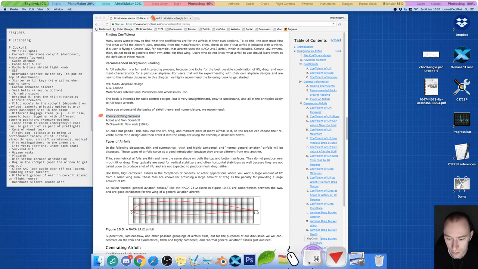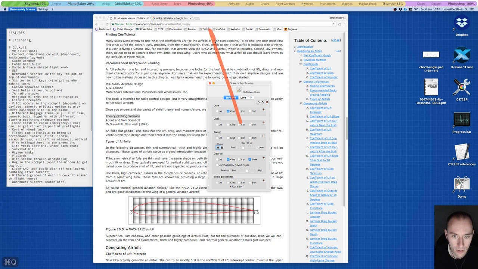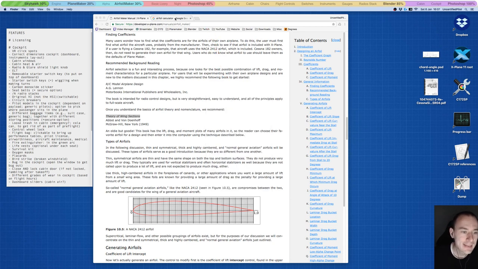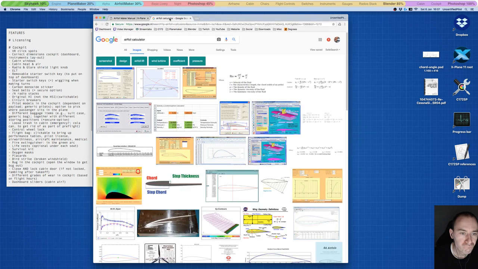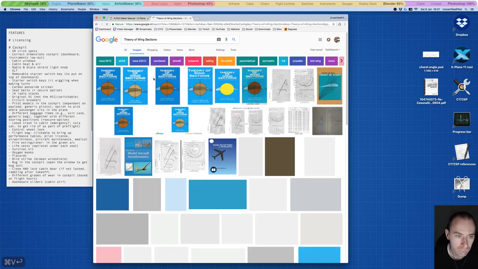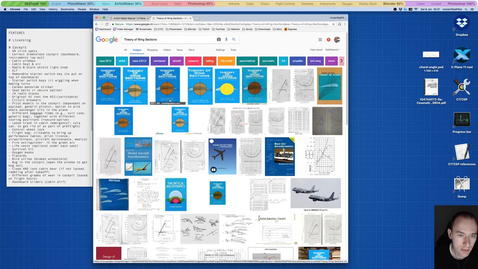And now my drawing tool works. Close. Theory of Wing Sections looks nice.